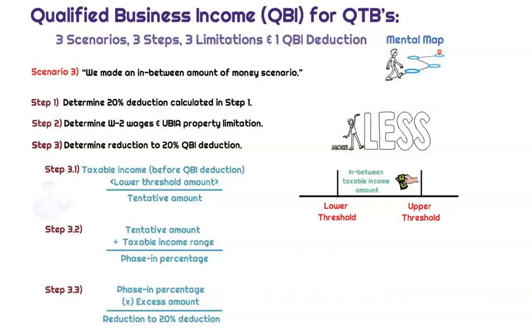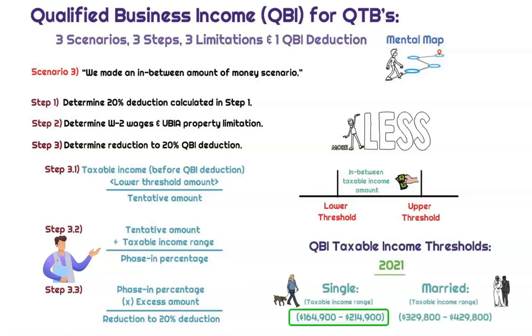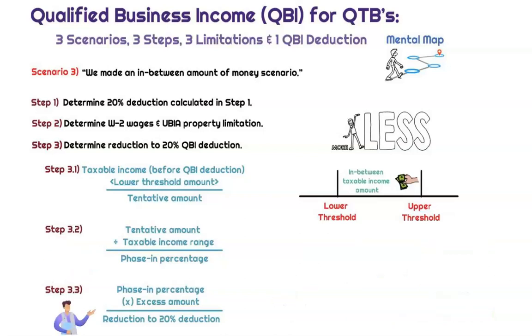Okay, so what we're going to do is take the taxable income amount before the QBI deduction, and we're first going to reduce it by the lower threshold amount within our range. Next, we take this calculated amount and divide it by the phase-in range, meaning if the taxpayer is single, we divide by 50,000, and if the taxpayer is married, we divide by 100,000. Easy peasy. So now we have this percentage. What are we going to do with it?